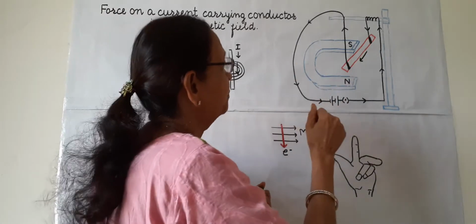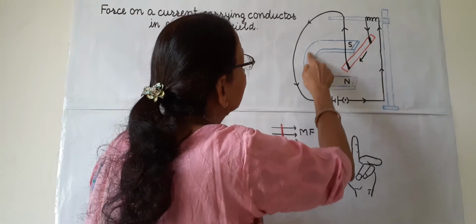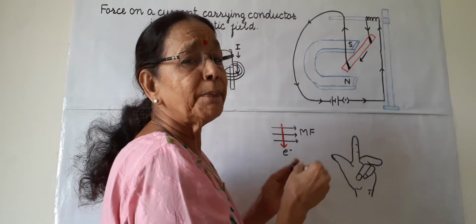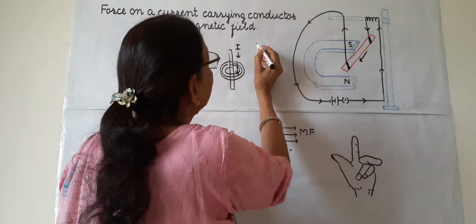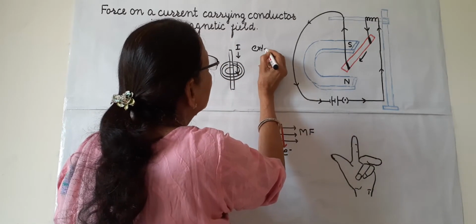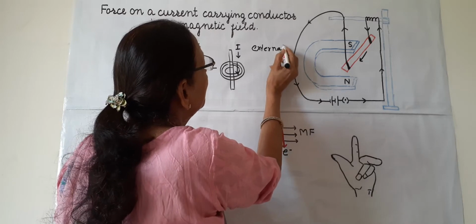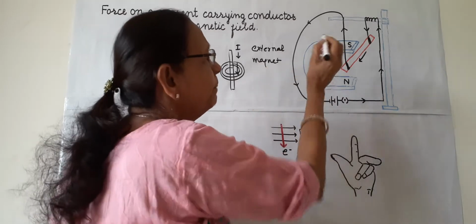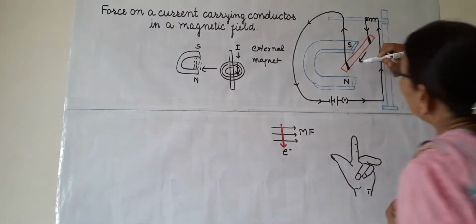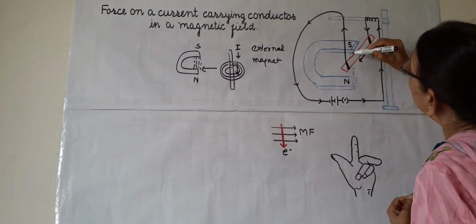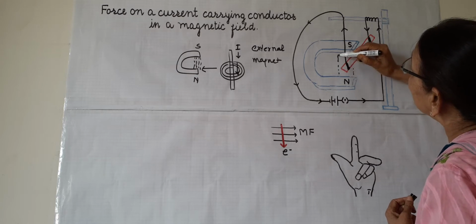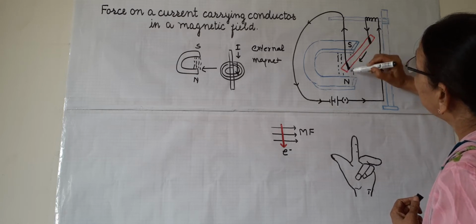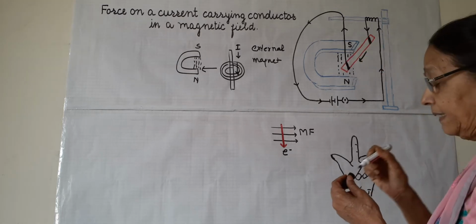So here is the experiment. What is this? This is a horseshoe shaped magnet, and we call it an external magnet. It will produce its magnetic field, which will be from north to south. The magnetic lines will be from north to south, like this.